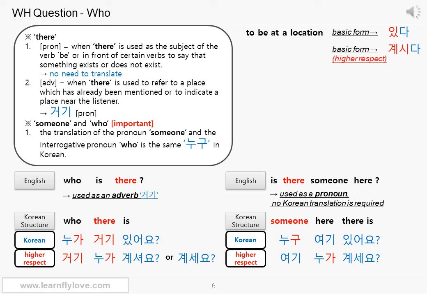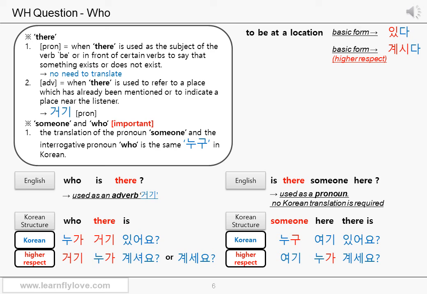If you translate, is there someone there? It would be exactly the same as who's there. Is there someone there? Who's there? 누가 거기 있어요? Or 거기 누가 있어요? You've got the point of these examples on this page. First, the pronoun someone and the interrogative pronoun who use the same translation 누구 in Korean.